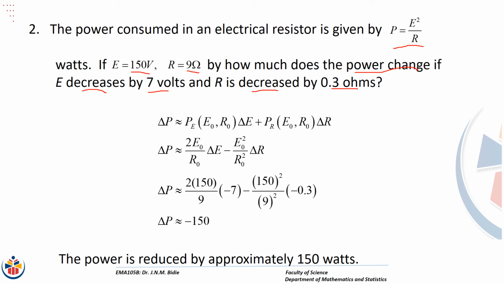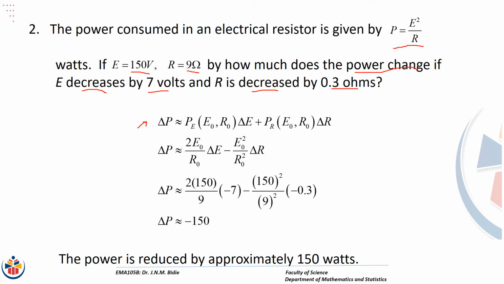Now we need to figure out delta E and delta R. Decreasing means negative, so that means delta E is -7 and delta R is -0.3. Now, first things first, let's put in the formula.